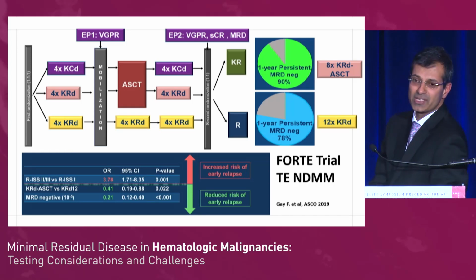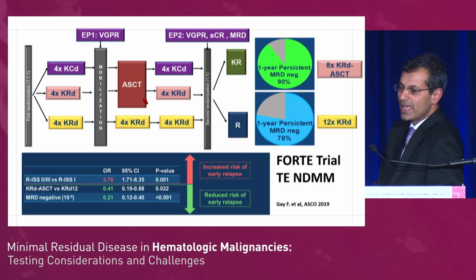Importantly, just 6 months ago, the Italian group reported the results of the Forte trial, and in that, they focused on just 2 of these arms. Patients with newly diagnosed multiple myeloma either received 4 cycles of carfilzomib, lenalidomide, dexamethasone, followed by stem cell collection, followed by transplant, followed by 4 more cycles, versus 12 straight cycles of this triplet.